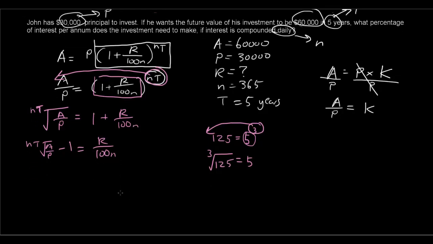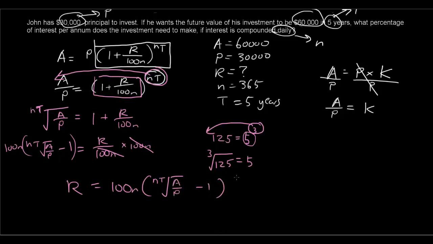You can see this is getting pretty complicated. And this part is going to cancel down to 1. So we have essentially R is equal to 100N bracket the nth root of A over P minus 1.